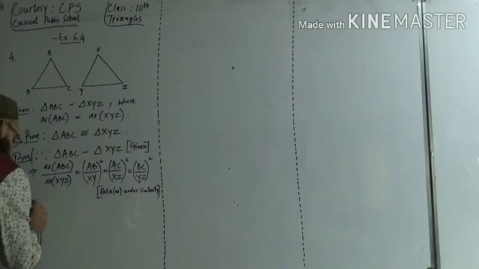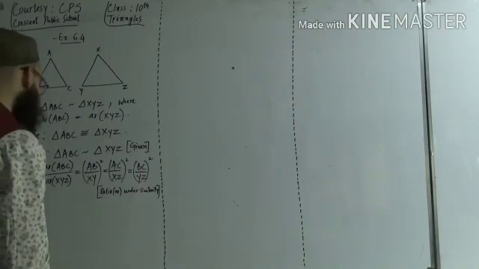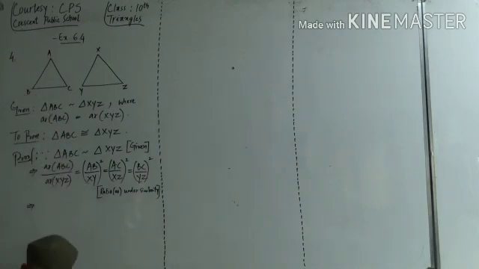Which implies that area of ABC divided by area of XYZ. Now, area of XYZ is equal to area of ABC. So I'll write area of ABC divided by area of XYZ is equal to what?